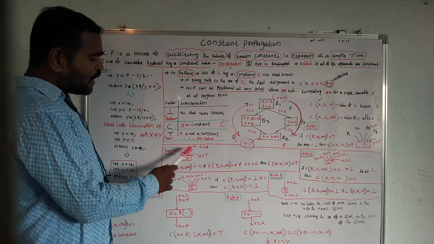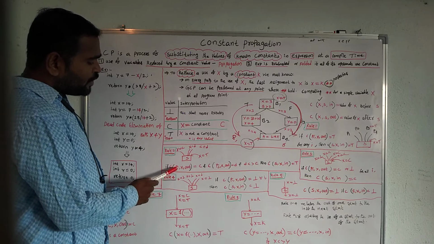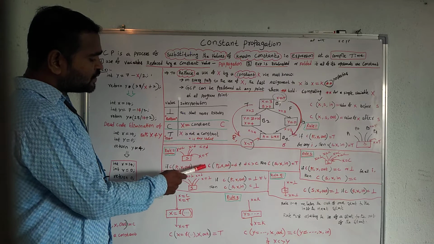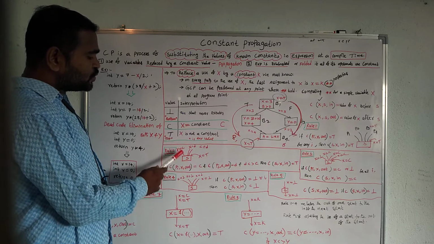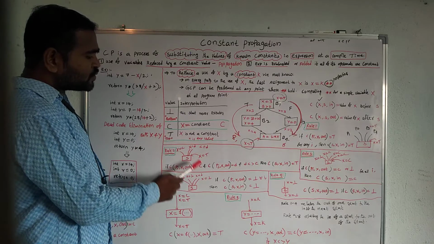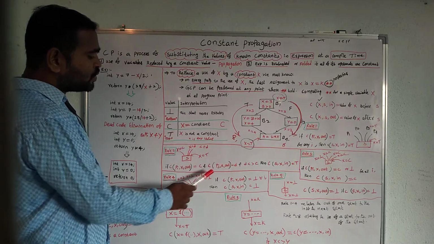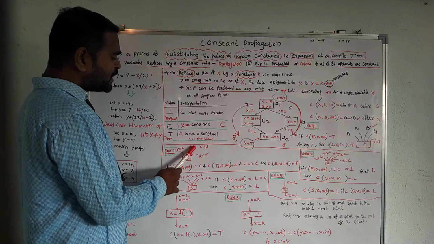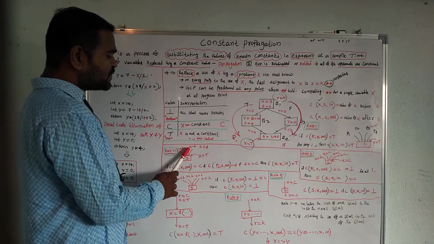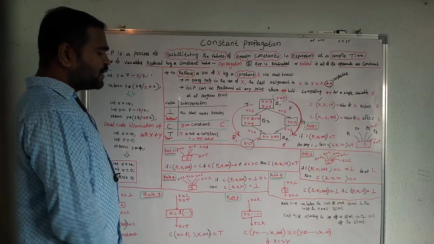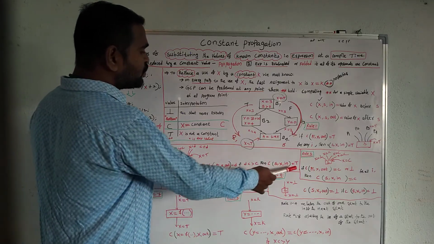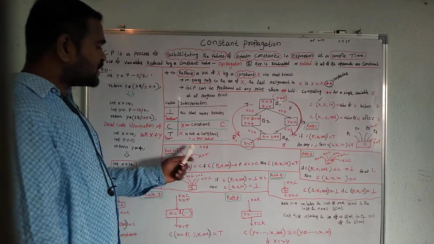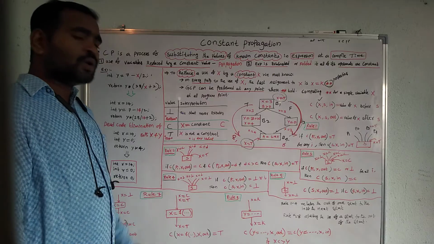After evaluating this statement, you get the constant value c, and in this other path you get the constant value d, but finally there are multiple values, x is equal to c and x is equal to d. There are two different values, so that is why x is equal to t, which means x is not a constant value, x is any value. So that is rule number 2.